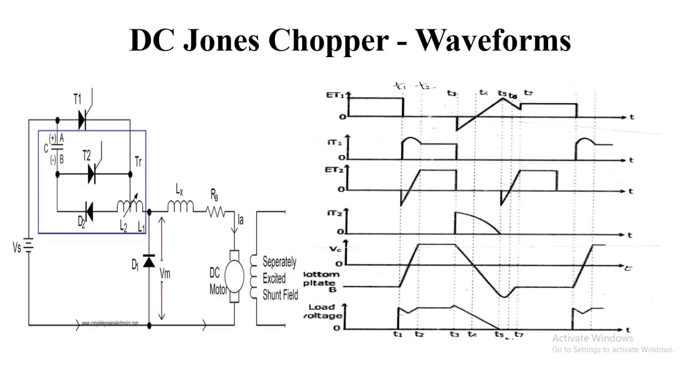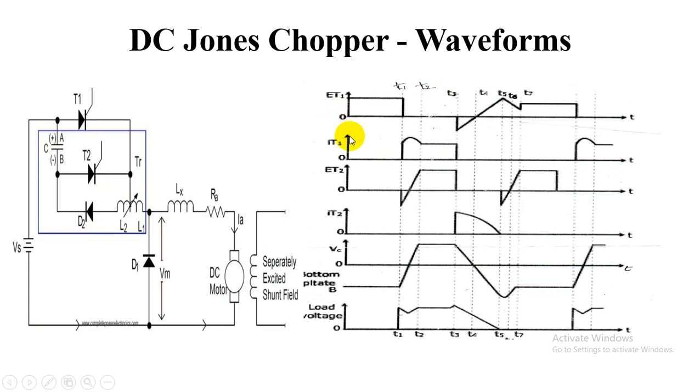The capacitor here plays the vital role in turning thyristors T1 and T2 off with the help of L2 and D2. Then after T1 is triggered, the operation repeats again.